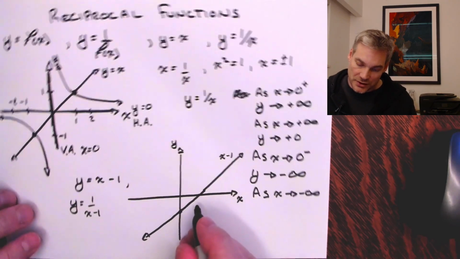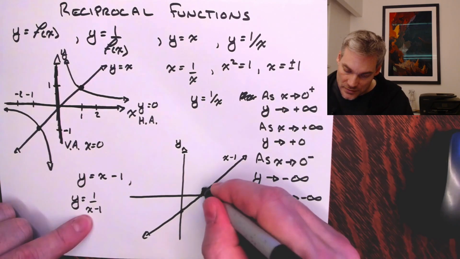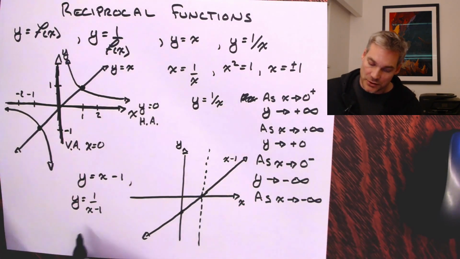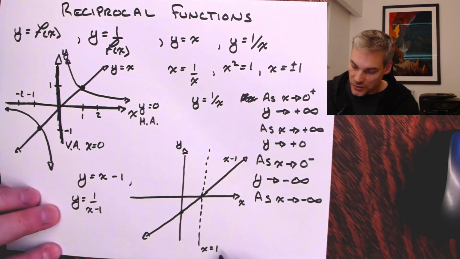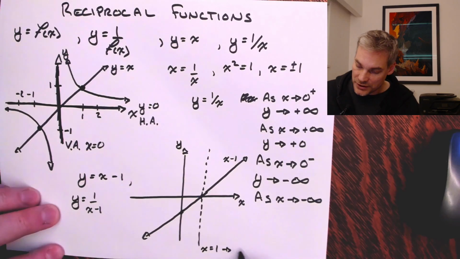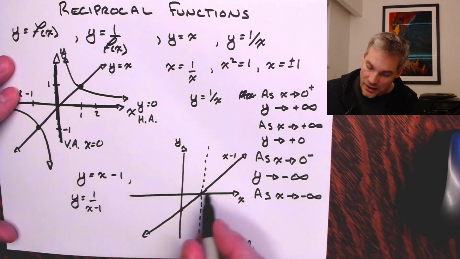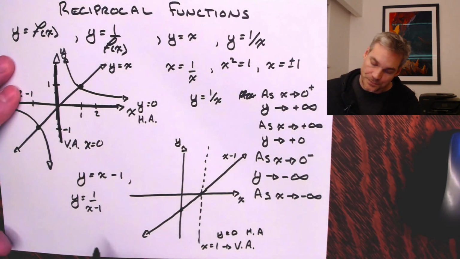Okay, so now when x equals 1, this is my vertical asymptote. I still have y equals 0 as the horizontal asymptote.